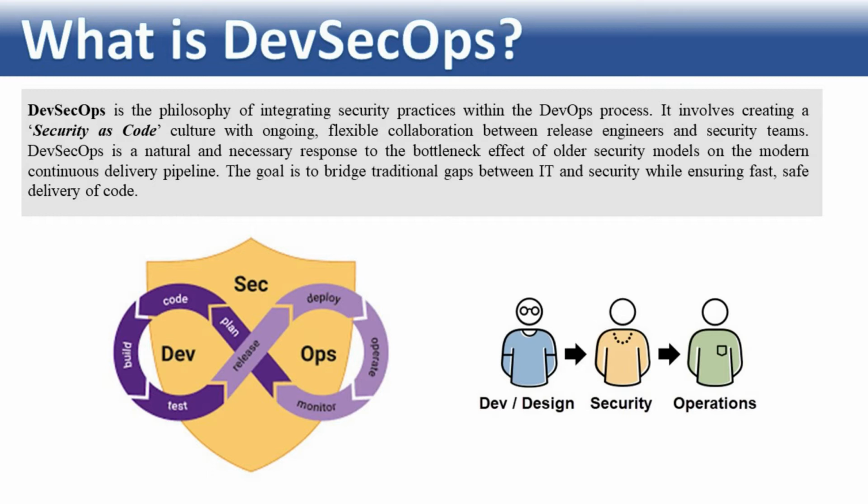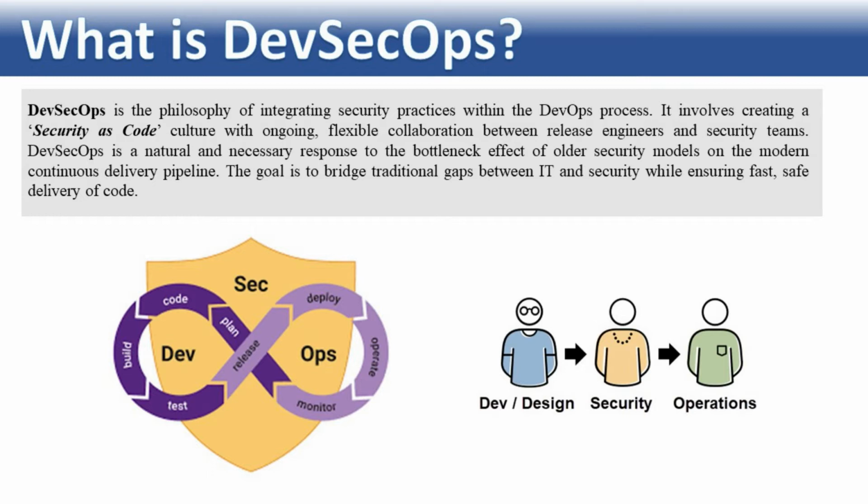DevSecOps is a natural and necessary response to the bottleneck effect of older security models on the modern continuous delivery pipeline. The goal is to bridge traditional gaps between IT and security while ensuring fast, safe delivery of code.